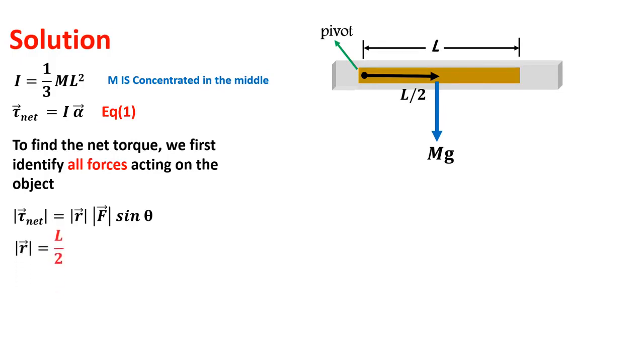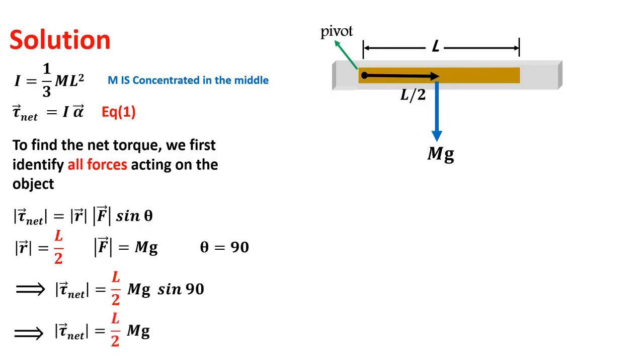As a result, the magnitude of r equals L over 2. The magnitude of F equals mg and theta equals 90 degrees, which means that the magnitude of the net torque equals L over 2 times mg times sine 90 degrees and is equal to L over 2 times mg.